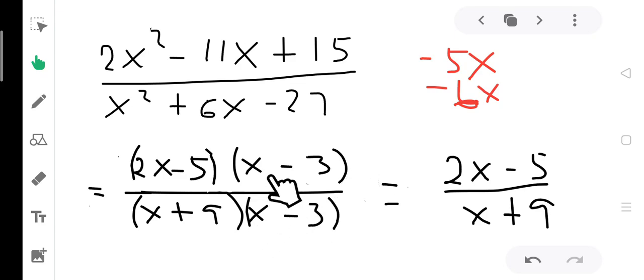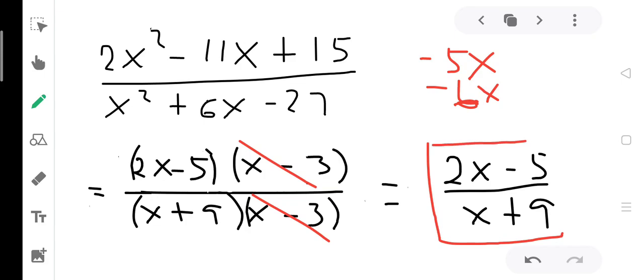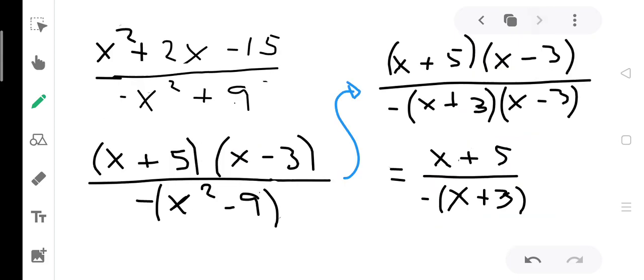We can see that x minus 3 is a common factor, so we can cancel that. What remains is (2x minus 5) all over (x plus 9). So that's the final answer.